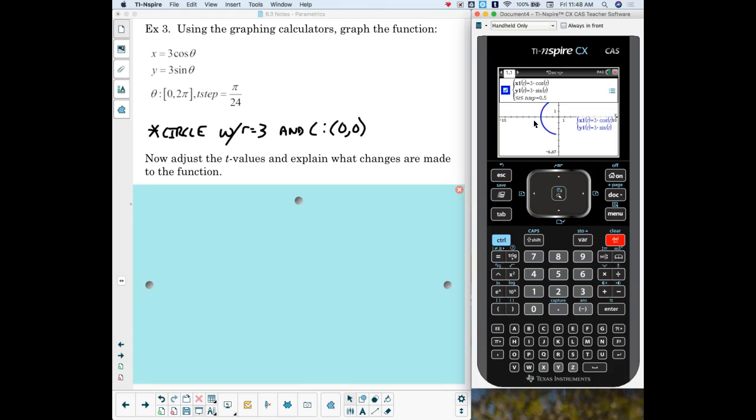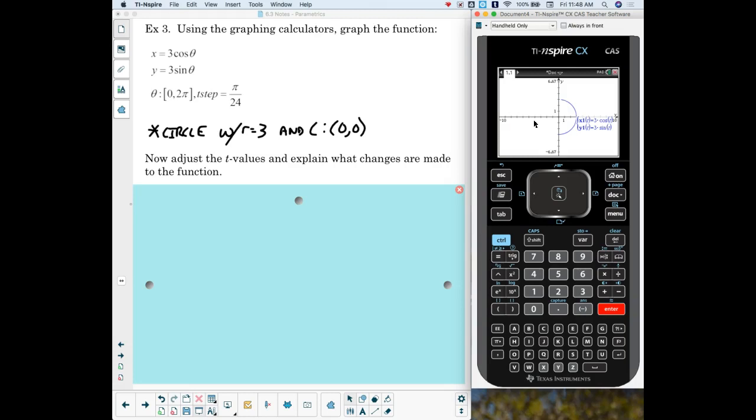Negative pi over 2 to pi over 2, right? Okay.